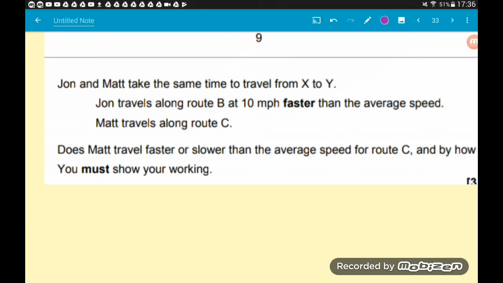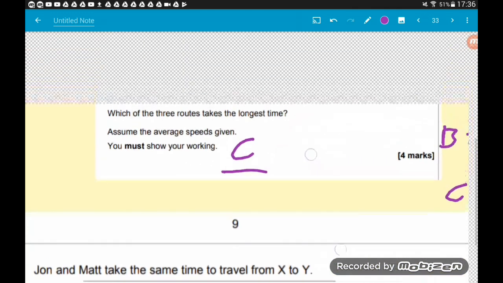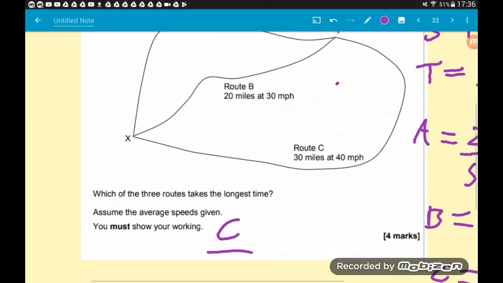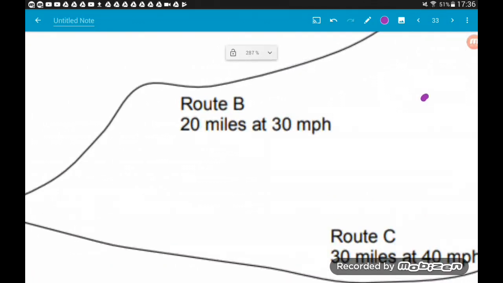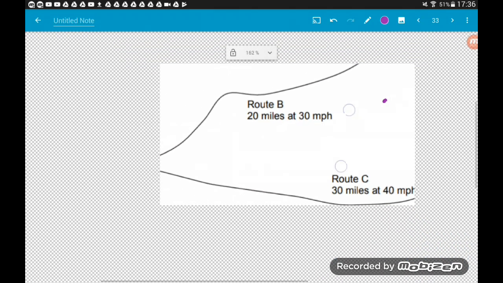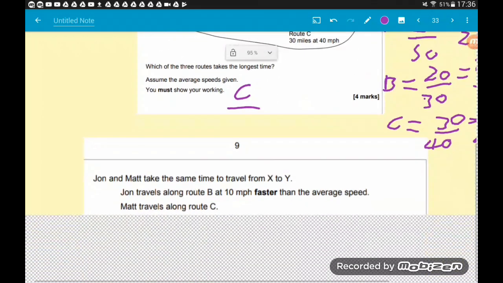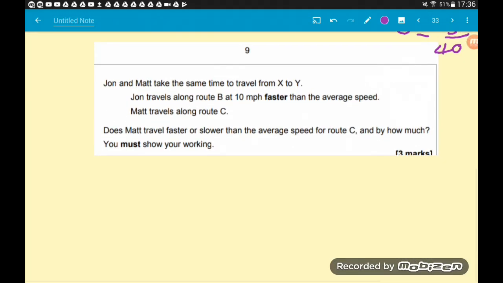So, the first thing we need to work out then is how long it takes John to go along route B. So, he's going 10 miles per hour faster than the average speed. So, route B is 20 miles at 30 miles an hour. So, John is going to be travelling at 40 miles an hour.